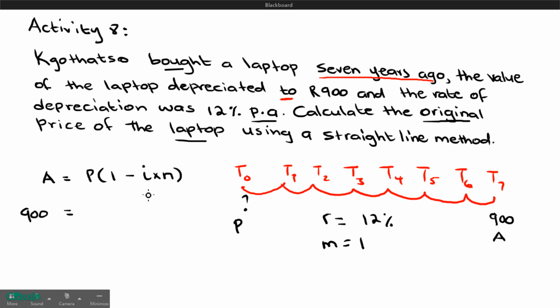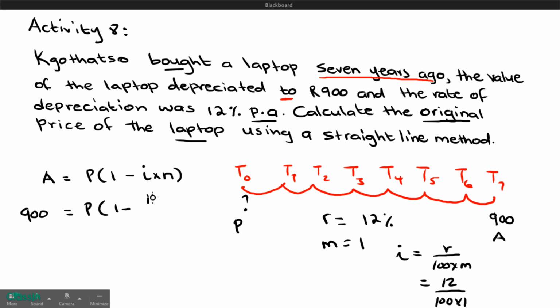We want another method in which you can calculate this without doing a lot of things. You have 900 here. You are looking for P over 1 minus. How much is our I? Our I is R over 100 multiplied by M, which is the same as 12 over 100 multiplied by 1.